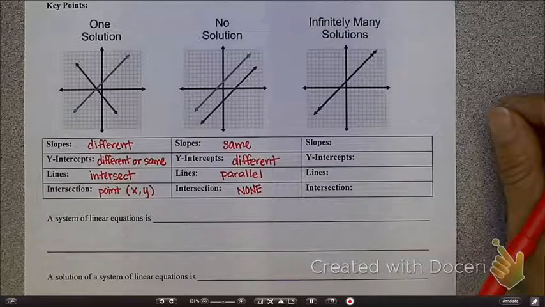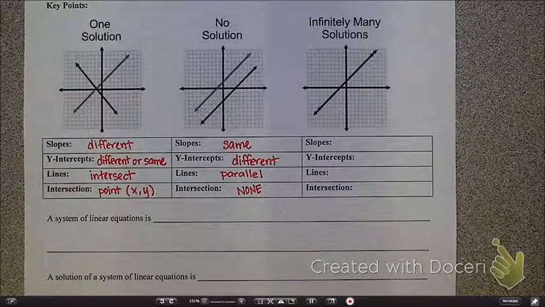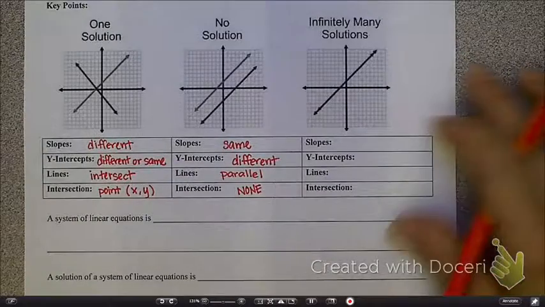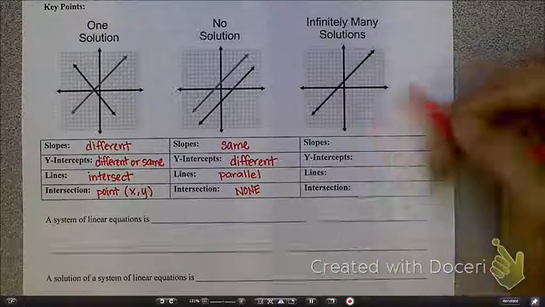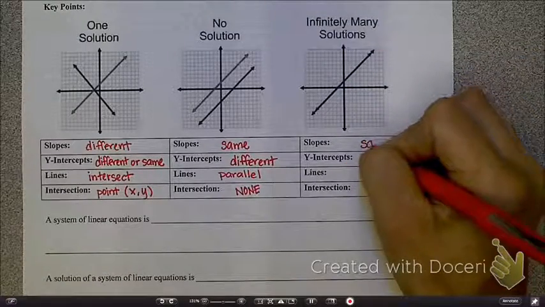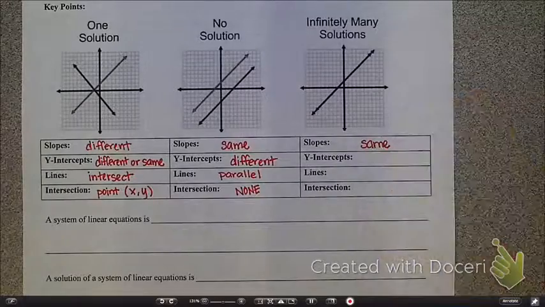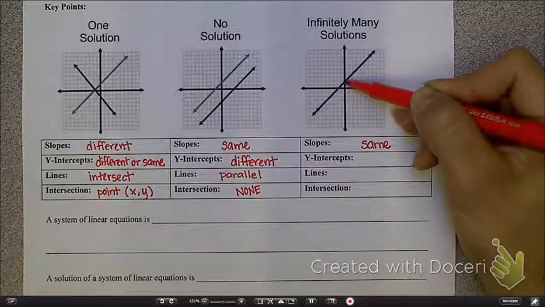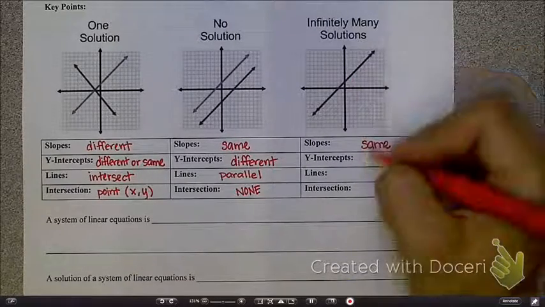All right, so last, let's look at when we have infinitely many solutions. When we have infinitely many solutions, the slopes of these two lines are the same. What about the y-intercepts? Are those in the same spot? Yeah.